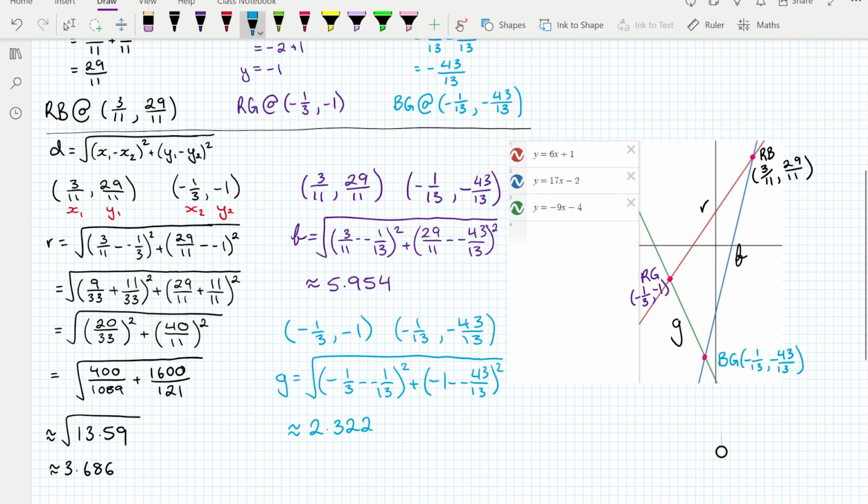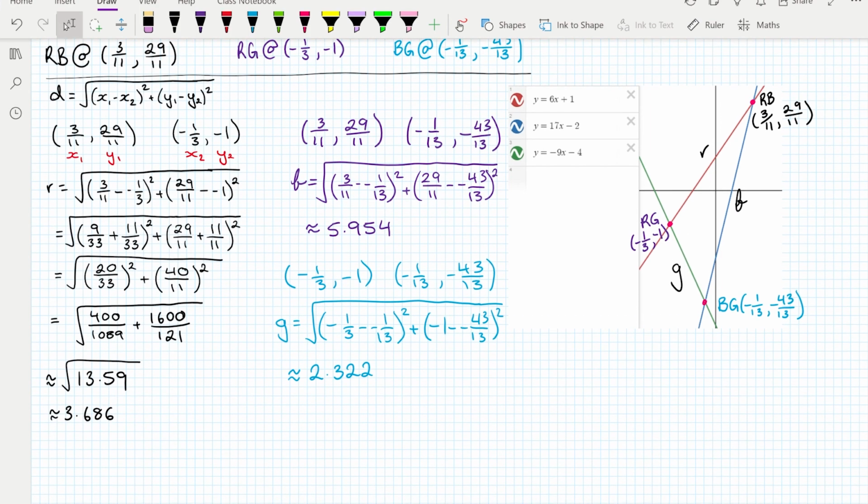So now I have the distances for each of these lines. Let's go and highlight them. We've got 3.686, 5.954, and 2.322.